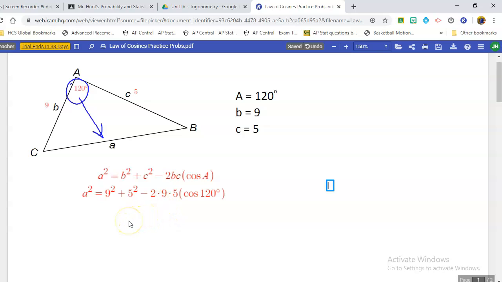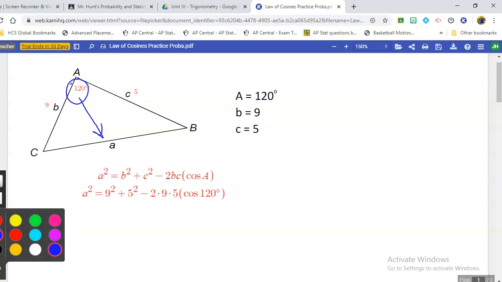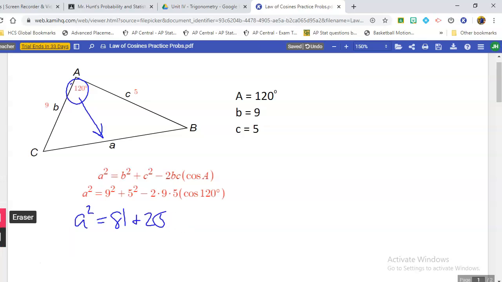Well, once you get that worked out, you can start working with the numbers individually, or you can just plug it in all at once. But what you're going to have is A squared equals 81 plus 25. And I know I'm writing sloppy. That should be a minus. Let me clear that out because that just looks bad. A minus.